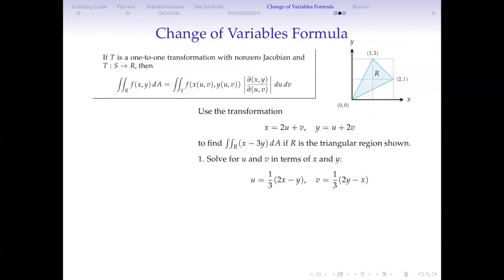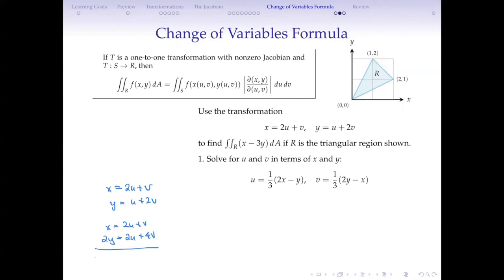I've done this. Let me go quickly through the arithmetic. If x is 2u plus v and y is u plus 2v, suppose I now want to solve for u and v in terms of x and y. This is linear equation stuff. I get 2y equals 2u plus 4v.